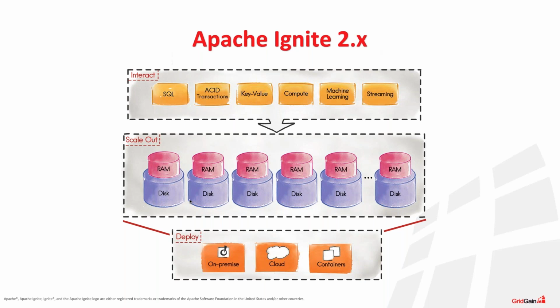Once this persistent store is available to the public, Ignite can be used not only as an in-memory computing platform, not only as an in-memory SQL database, but, as I said, as a full-fledged distributed SQL database that works in RAM and on disk. Well, now let's dive into the details of the Apache Ignite 2.0 release.